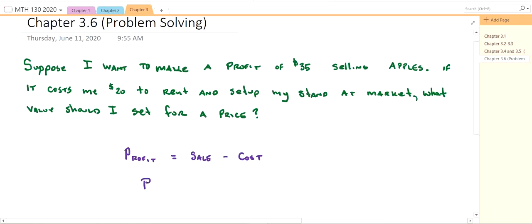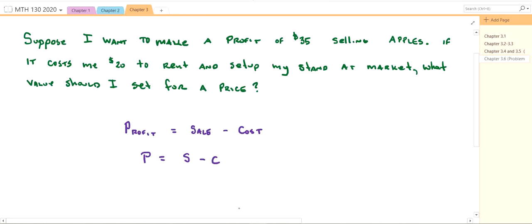So let's put just a single letter, P equals S minus C. So if that's the case, let's see, what do I have up here in my relationship? Okay, I know that I want to make a profit of $35, and I have costs of $20.